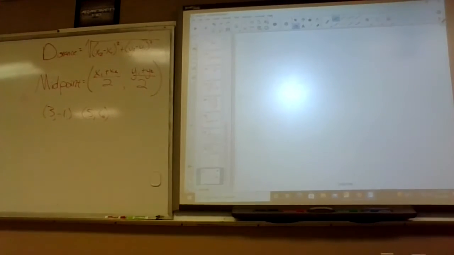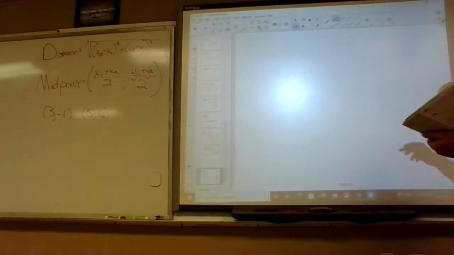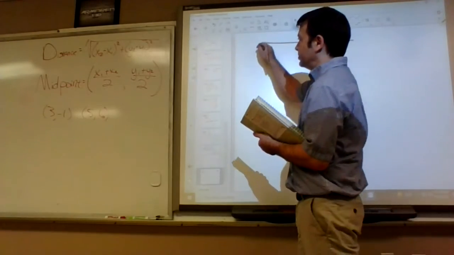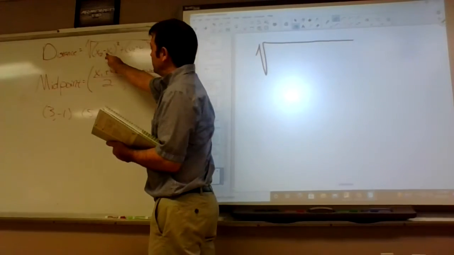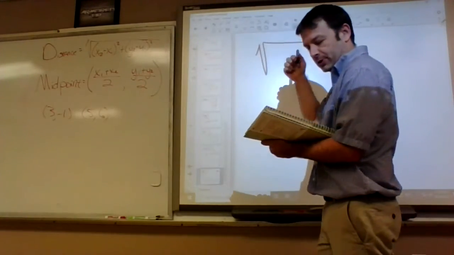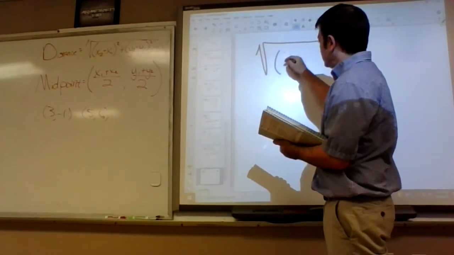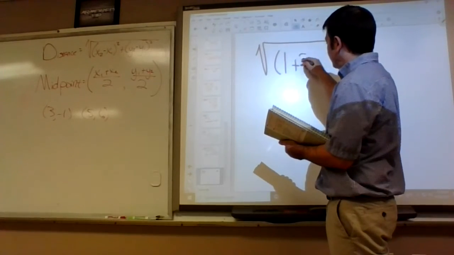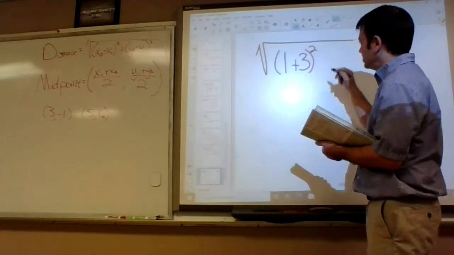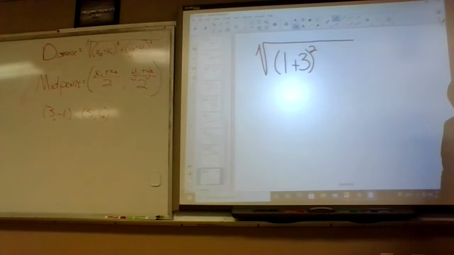Number 7, distance formula. So what am I going to plug in? Square root of x minus x. So 1 minus negative 3. Instead of putting 1 minus negative 3, you can put 1 plus 3. Minus the negative makes a plus.